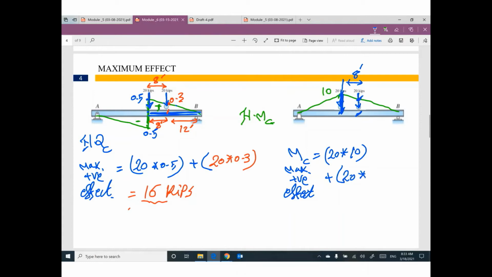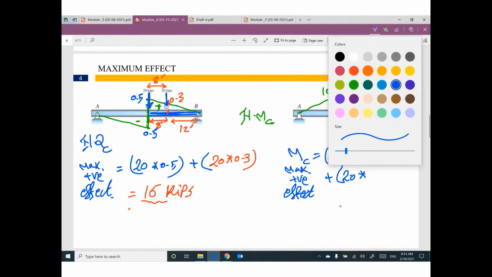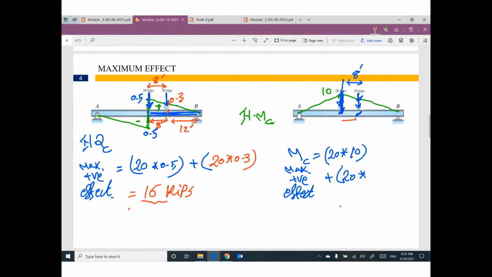What is the corresponding value here from the diagram? Okay, go ahead and set up triangle similarity. This distance is 8. The remaining distance is 12. So I can decide what is the value here. It will be 6. So 20 times 6.